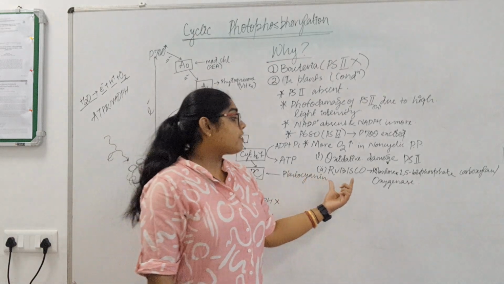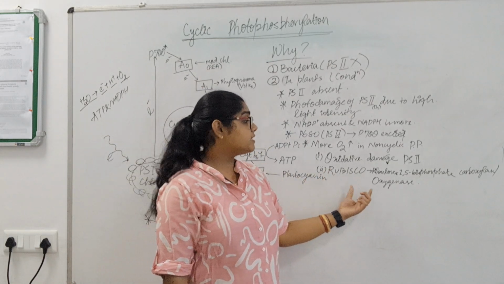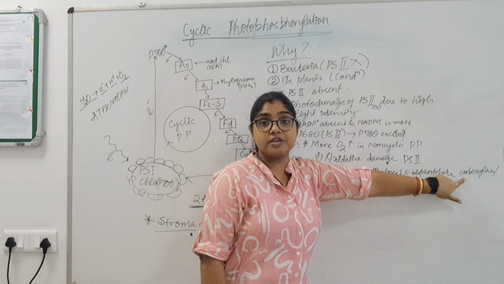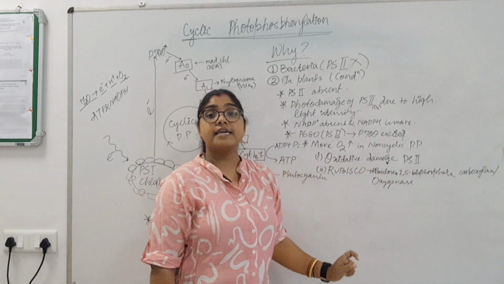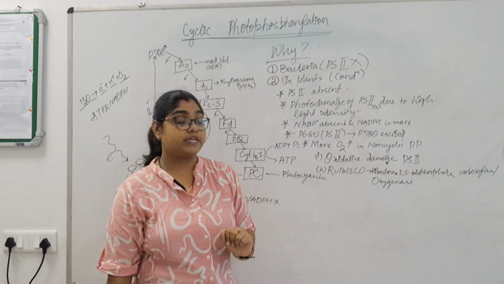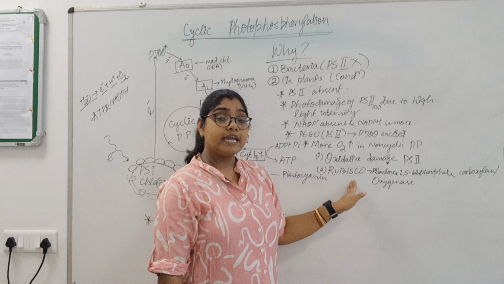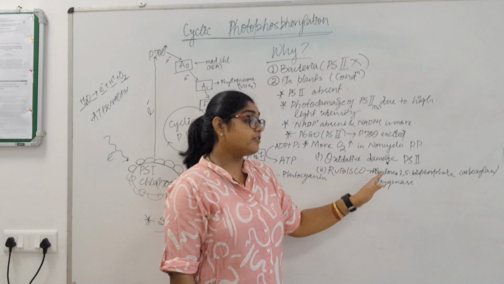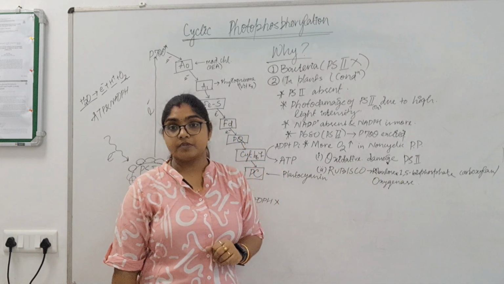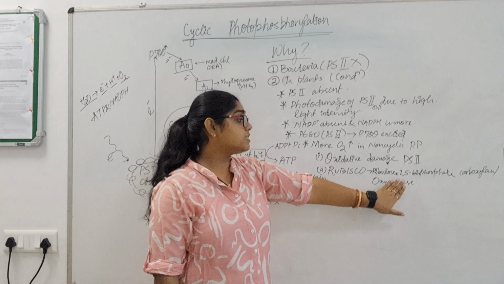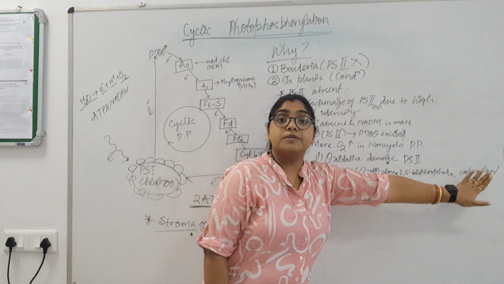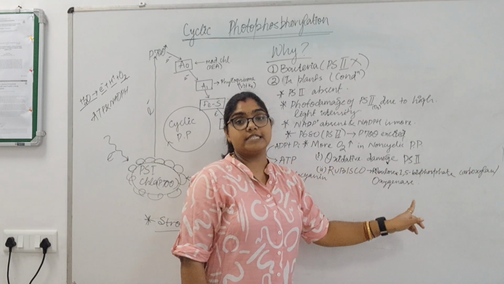So what is the function of Rubisco? As a carboxylase enzyme, it fixes carbon dioxide and produces carbohydrate. But it also has the capability of fixing the oxygen molecule, because as the name suggests, it is ribulose 1,5-bisphosphate carboxylase or oxygenase.